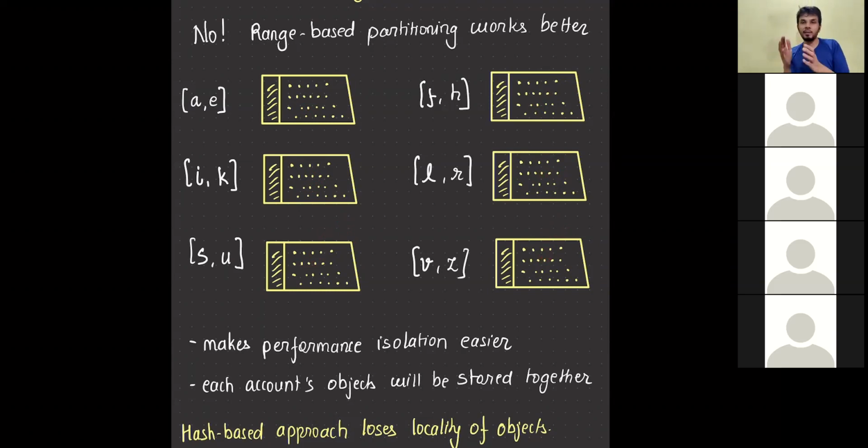This way, I've explicitly and statically told that A to E is going to this hard disk only, F to H is going here only.